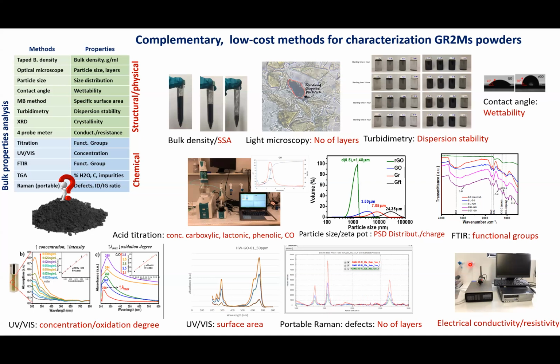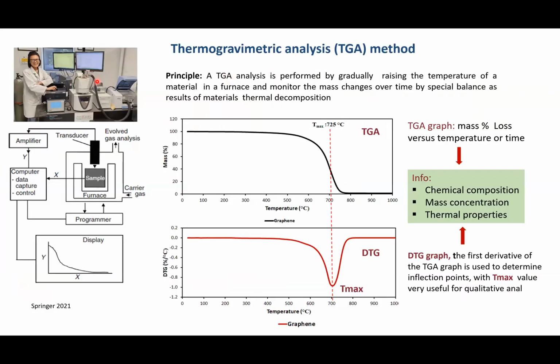Now I'm going to show the TGA method that we're using for testing graphene powders. The concept is very simple, based on heating your material in a furnace and measuring mass loss after its thermal decomposition.